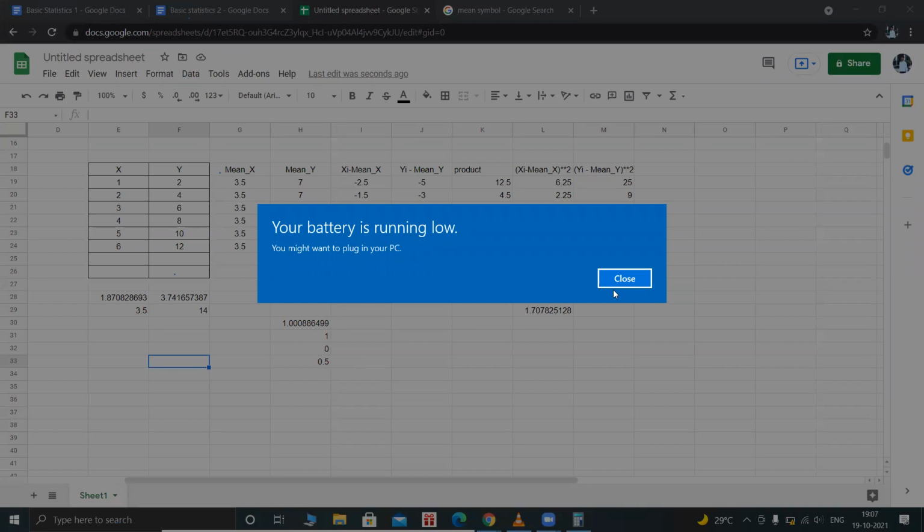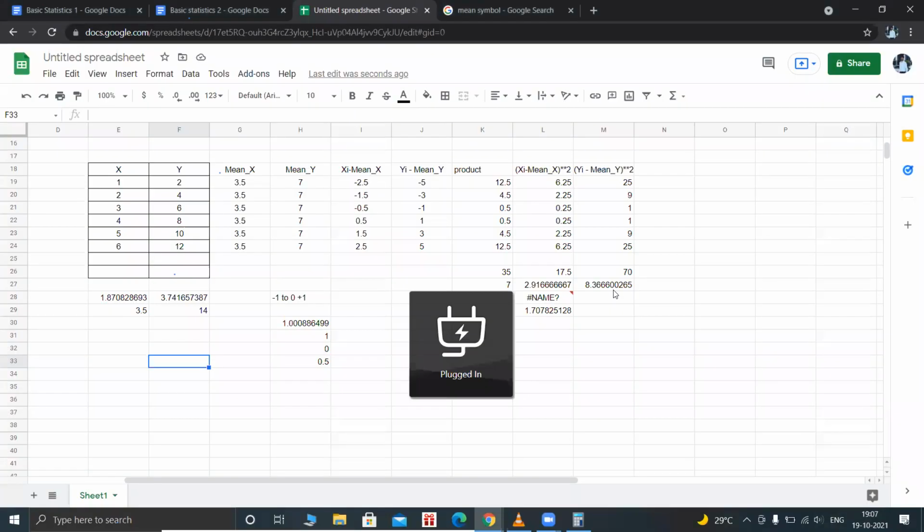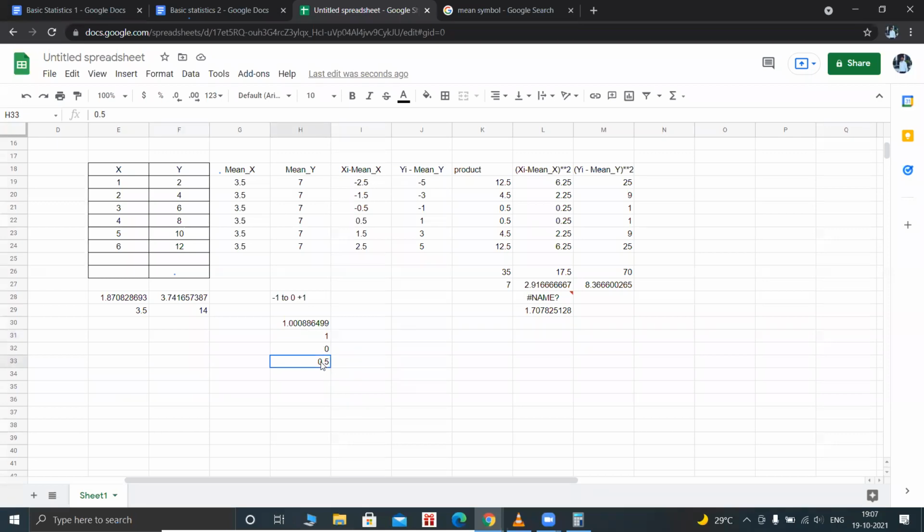Guys, I got 0.5. If 1 is strong, what is 0.5 then?